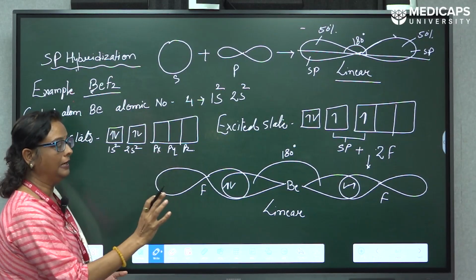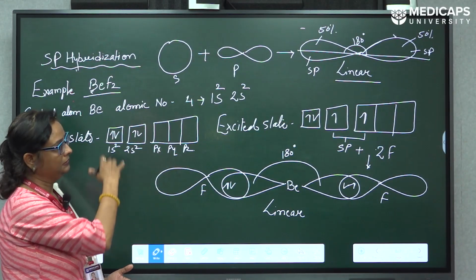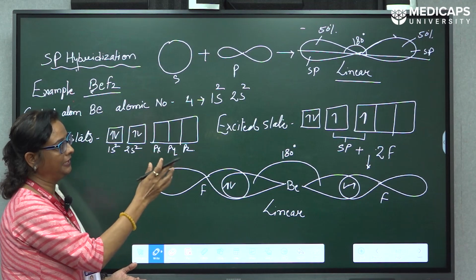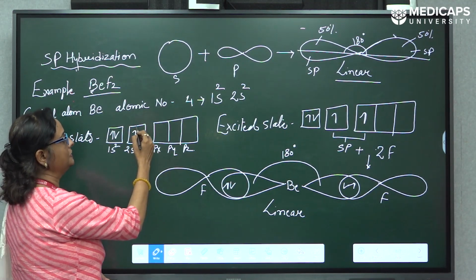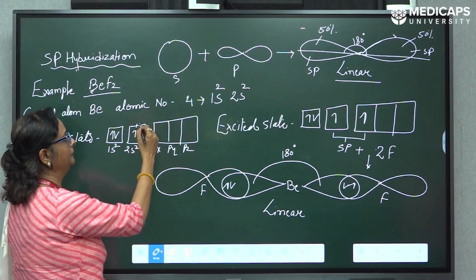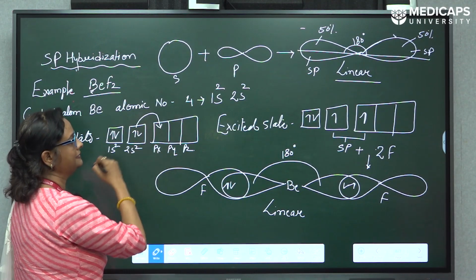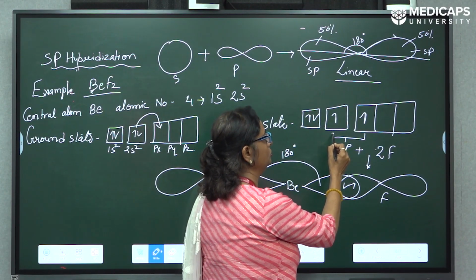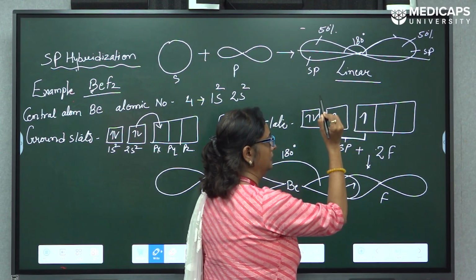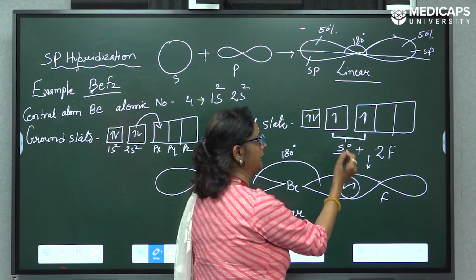But for the hybridization, as we know, a single unpaired electron is required. So the transfer of one electron from 2s to 2px will take place, and then we will get the two atomic orbitals s and p.